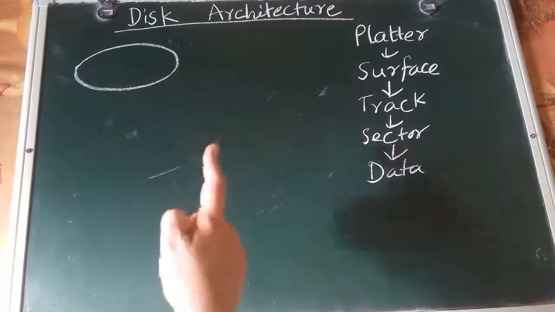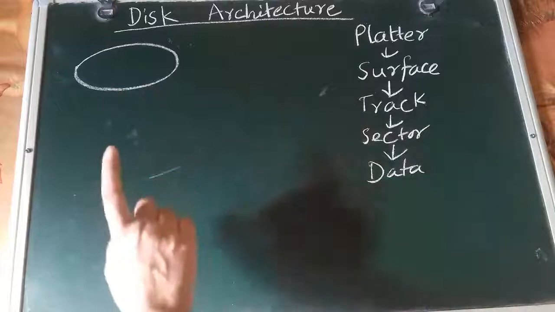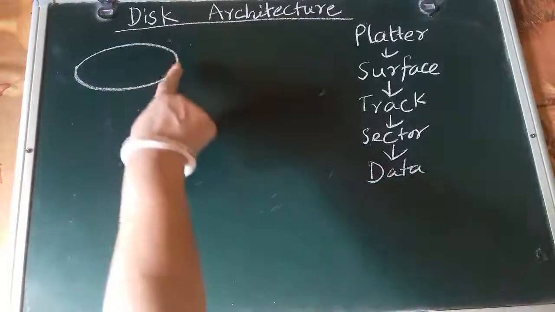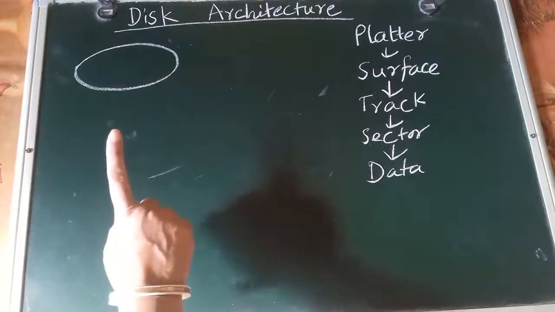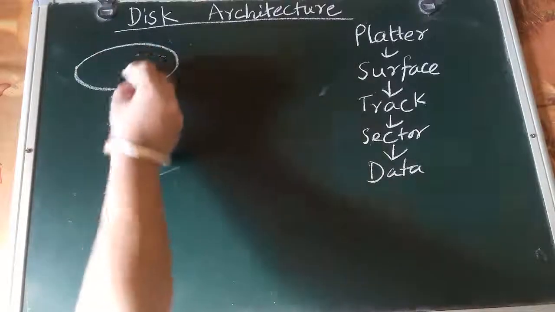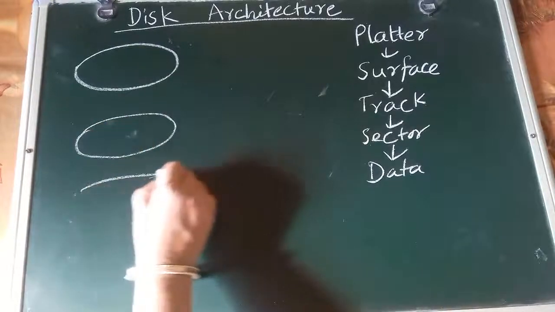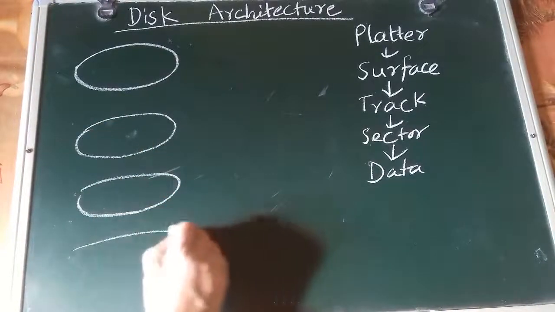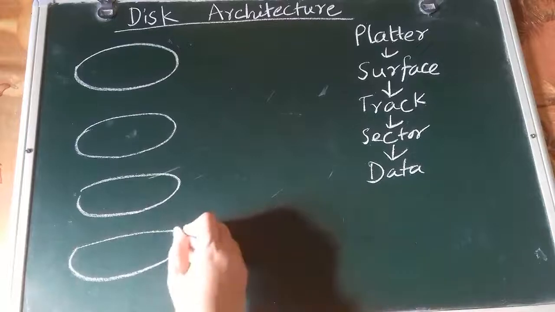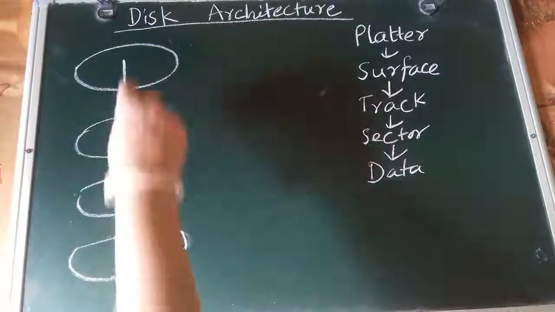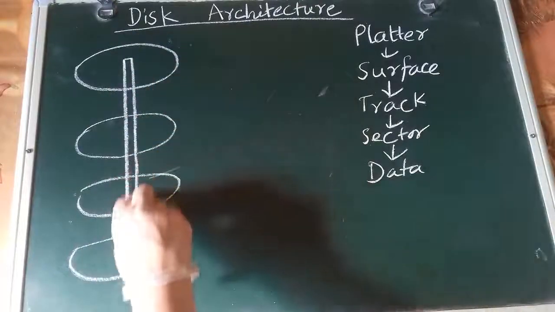So in real life, a disk or hard disk, whatever we get, will consist of some concentric platters. Concentric means what? Let us take 4 platters, 1, 2, 3 and 4, of equal size, and through the center of all the platters one spindle will go.